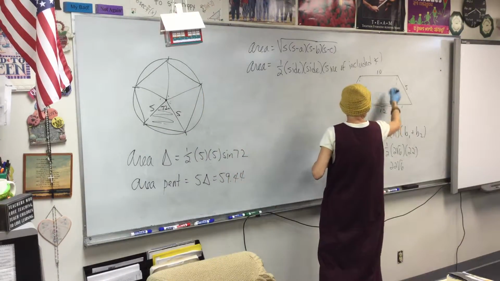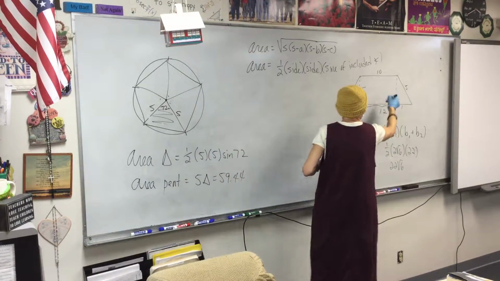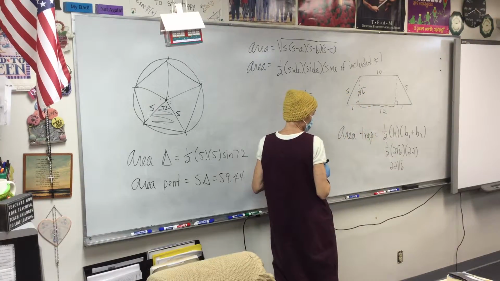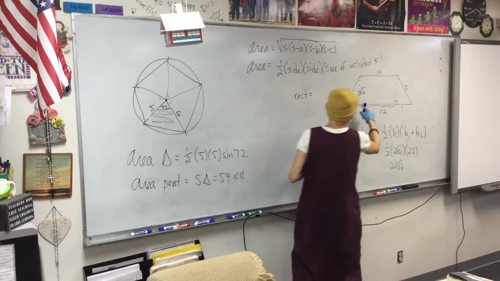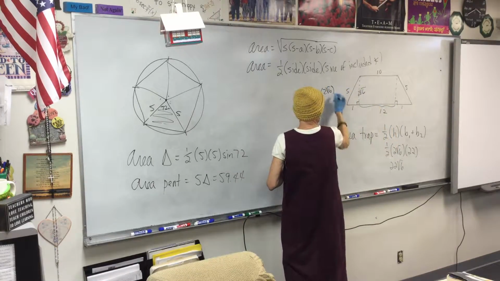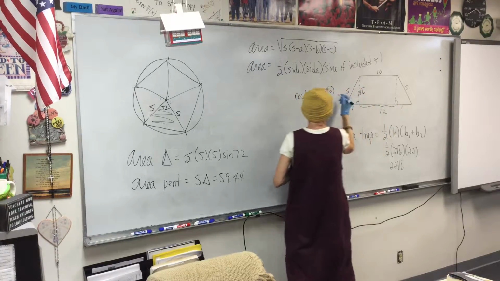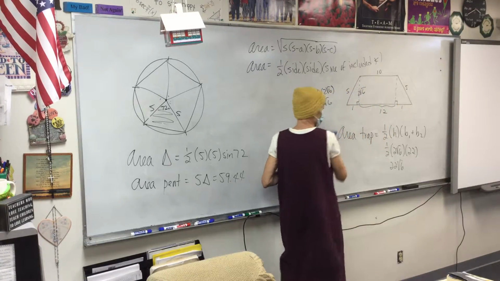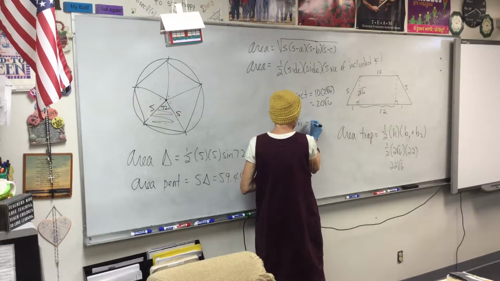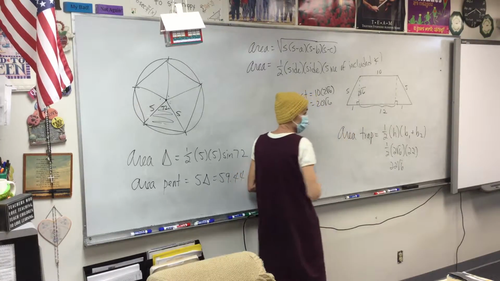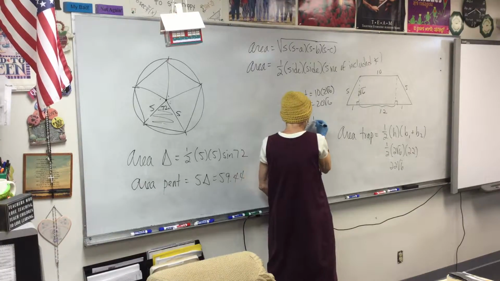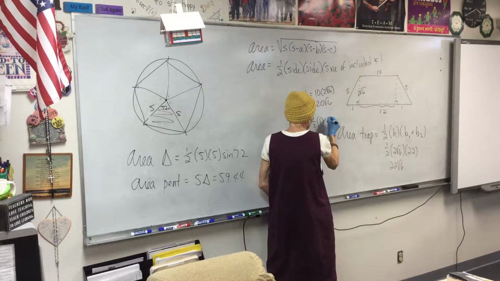So you've got this rectangle in the middle. So we could find the area of the rectangle, and how do we find the area of the rectangle? So that would be 10 times 2 root 6, or 20 root 6. And then you would have to find the area of the triangle, which is one half base times height.